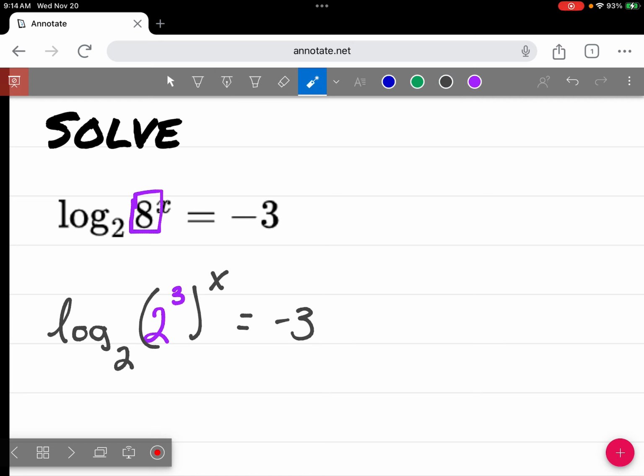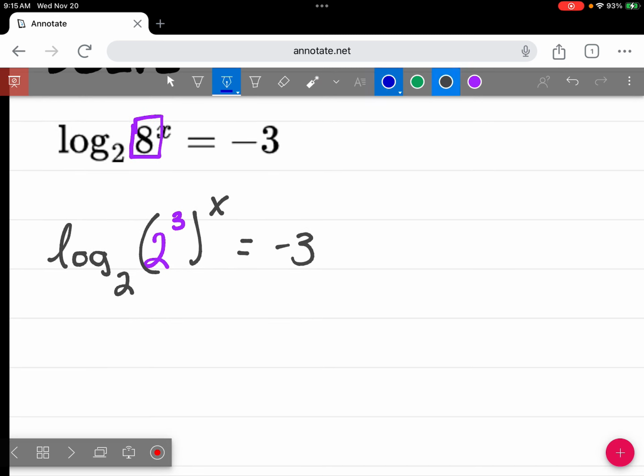So I'm replacing my 8 with the 2 cubed. Now I have to deal with this power here. Power of a power, I multiply those together. So this is the same thing as log base 2 of 2 to the 3x equals -3.